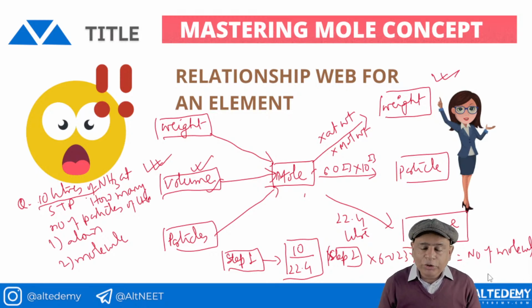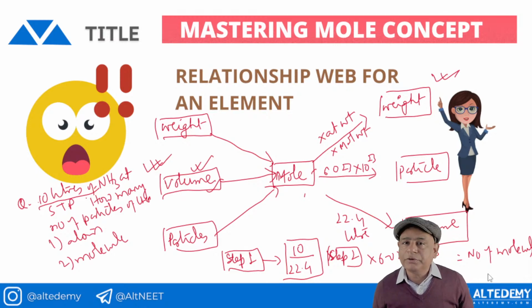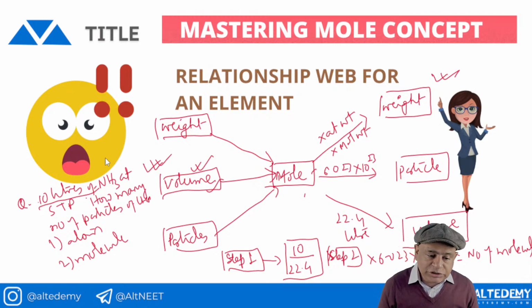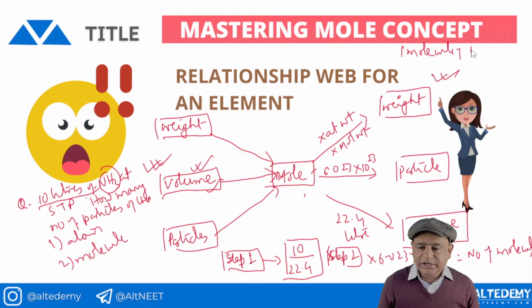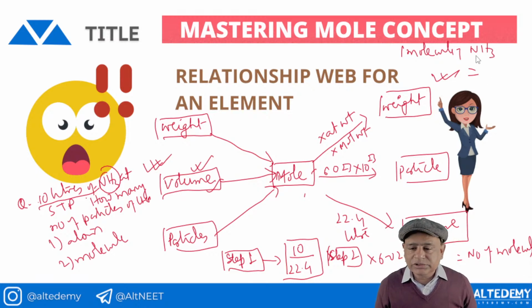And let me know, if you are being asked how many number of atoms present in 10 liters of ammonia, then you will have to see ammonia here. Look, one molecule of NH3, that is ammonia, contains how many atoms? 1 for N, 3 for hydrogen. There are 4 atoms.